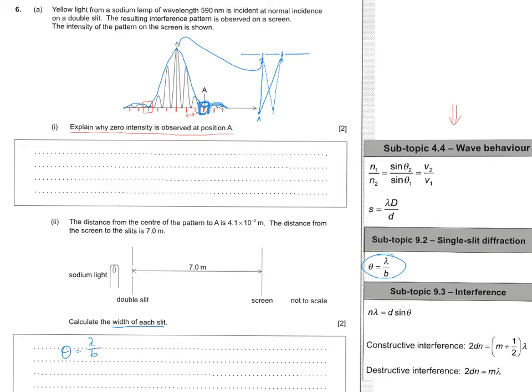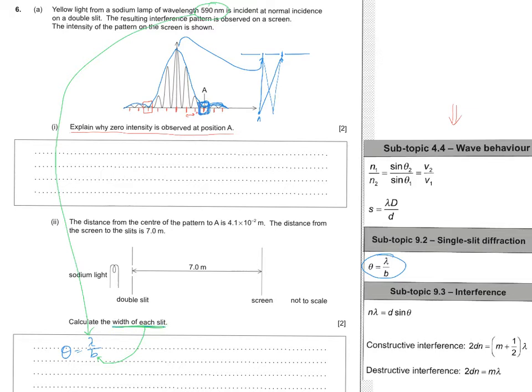Now they do give us the wavelength right up here, the 590. Okay, so we've got that for the wavelength. The other thing, b, is the width of the slit. So that's what I'm solving for here. All right, so now I just need theta.